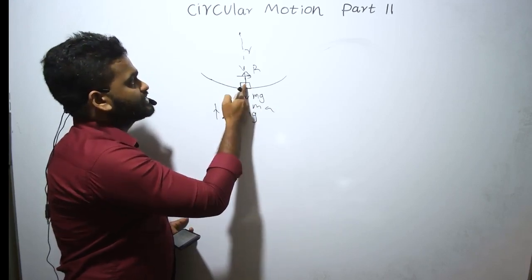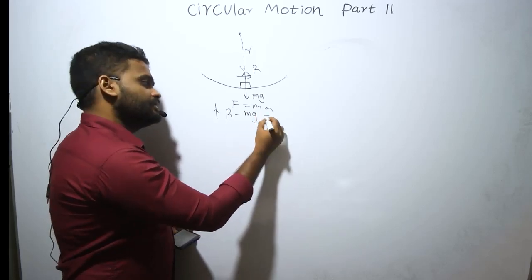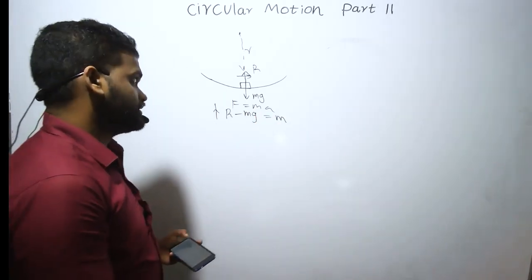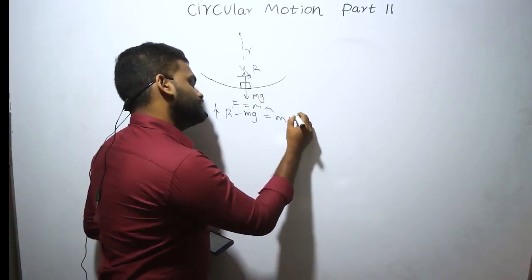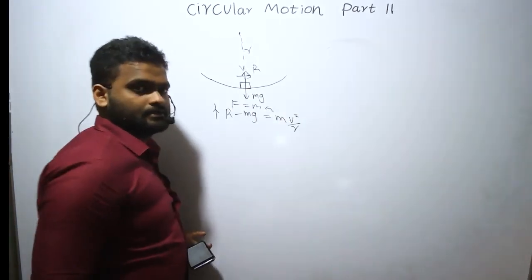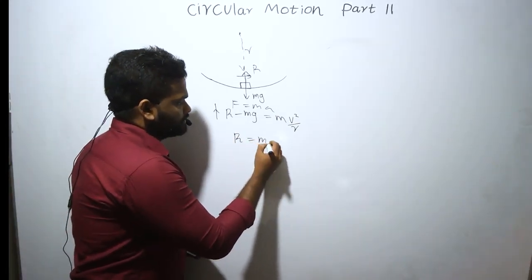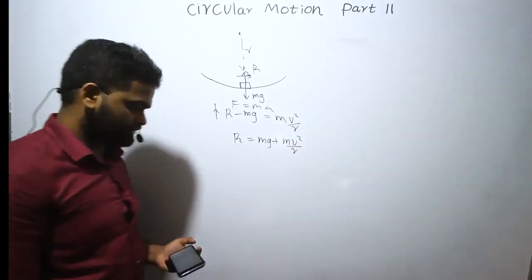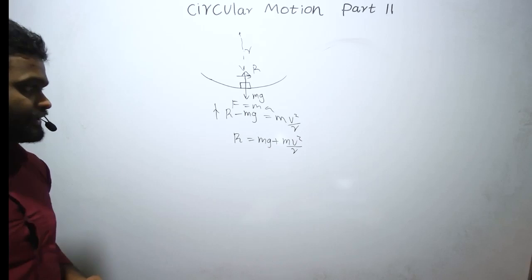So you have R towards the center, mg downwards, so minus mg equals m times the acceleration. So how do you write the acceleration? Centripetal acceleration towards the center, that is v squared over r. Then what do you get? R is equal to mg plus mv squared over r. Got it? So it should be the first answer.